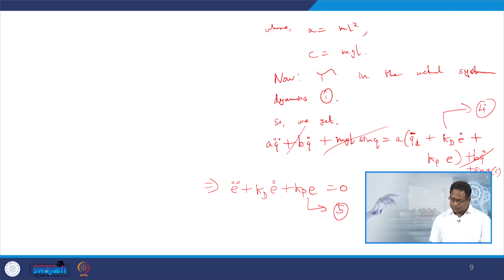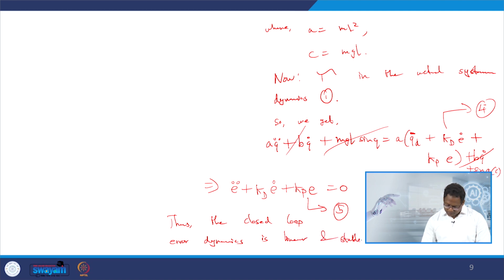Thus, the closed loop dynamics is linear and stable as well for positive values of the controller gains Kp and Kd. Okay. So, that is the situation here.